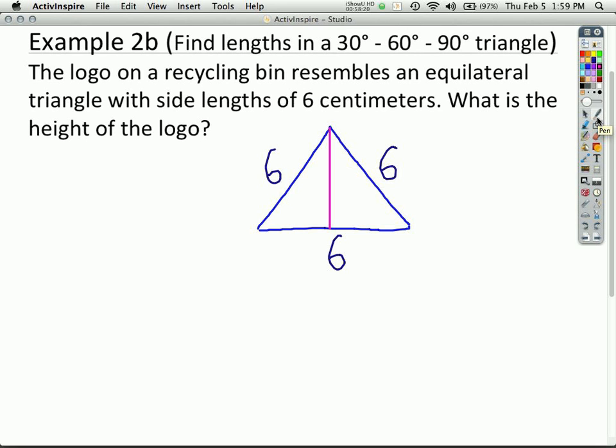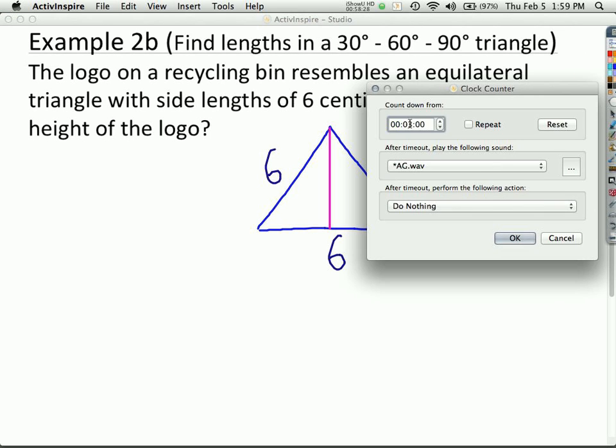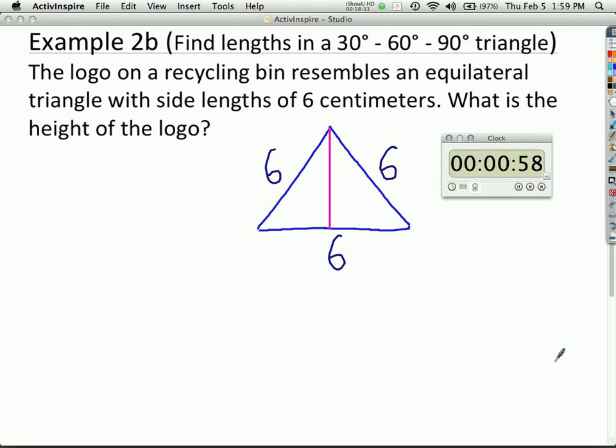Give me a thumbs up if you think you can do it. Okay. So you take a minute. You see if you can figure it out. This is not a checkpoint. It's just give it a shot. See what you can figure out using the tools that you have available to you in your toolbox.